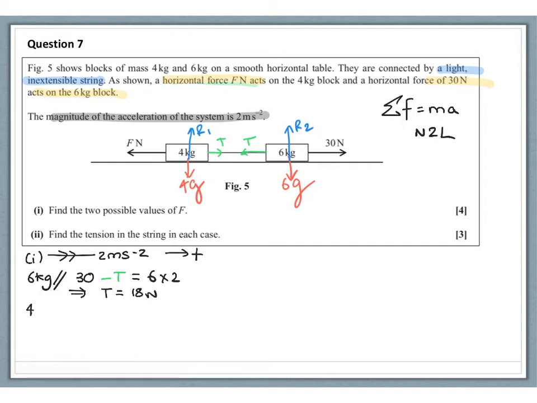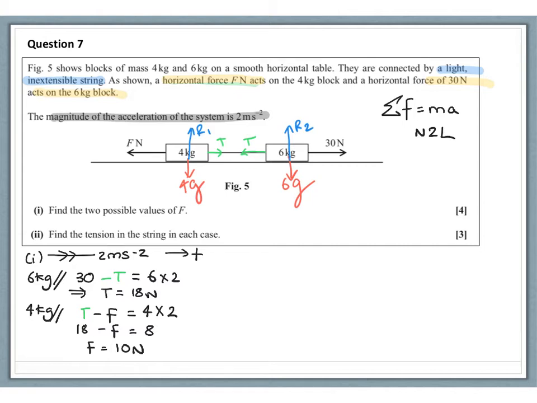If we then look at the 4 kilogram object, we have T going to the right, we have F going to the left, and this is equal to the mass of the object 4 multiplied by the acceleration 2. But we know that T is equal to 18, so 18 minus F is equal to 8, F is equal to 10 newtons, which indeed is smaller than 30 newtons, which makes sense as to why the system accelerates to the right.